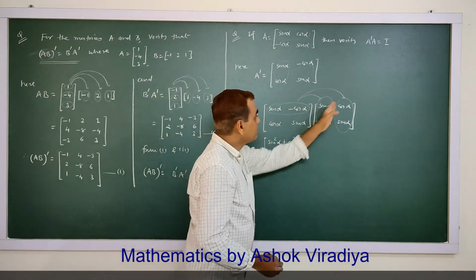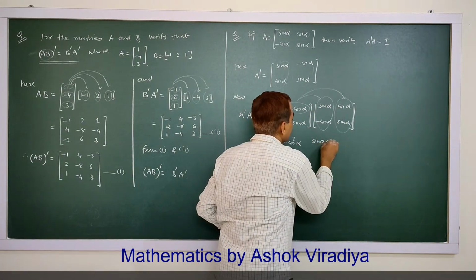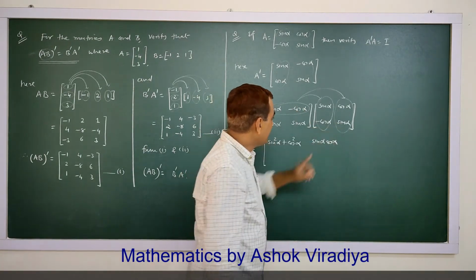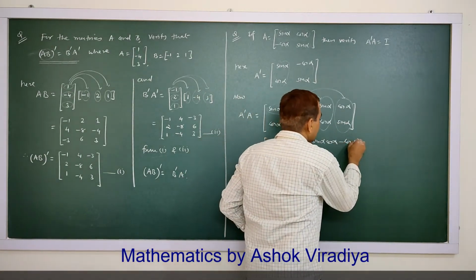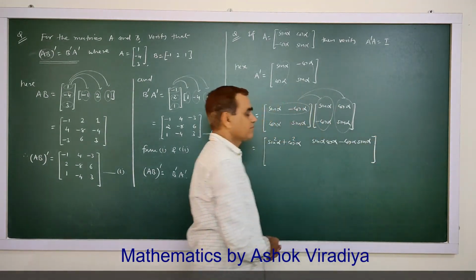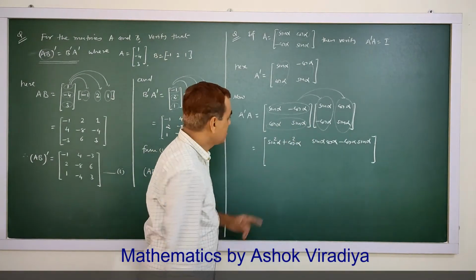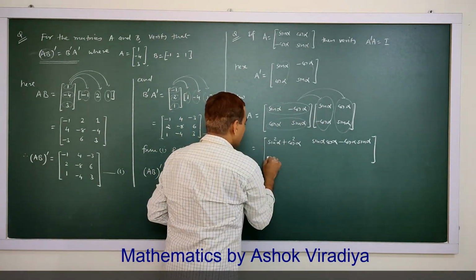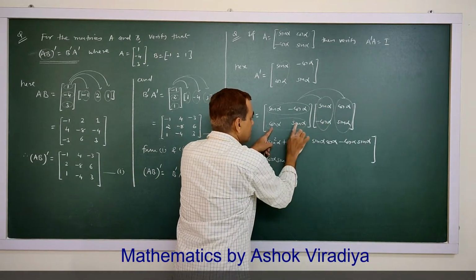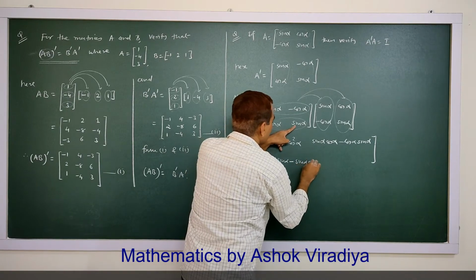Then we multiply this with the second column. Sin alpha into cos alpha plus minus cos alpha into sin alpha, minus cos alpha into sin alpha. Now the second line. Cos alpha into sin alpha plus the product of these two numbers, that is minus sin alpha into cos alpha.